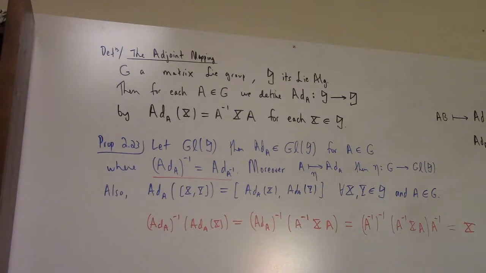Yeah, that's what I find. An anti-homomorphism is one that reverses the product. A homomorphism from a group to another group would preserve the product. So here I have matrix multiplication going to composition of adjoints, but in the opposite order. In other words, I have eta of AB equal to eta of B times eta of A, where this is composition.